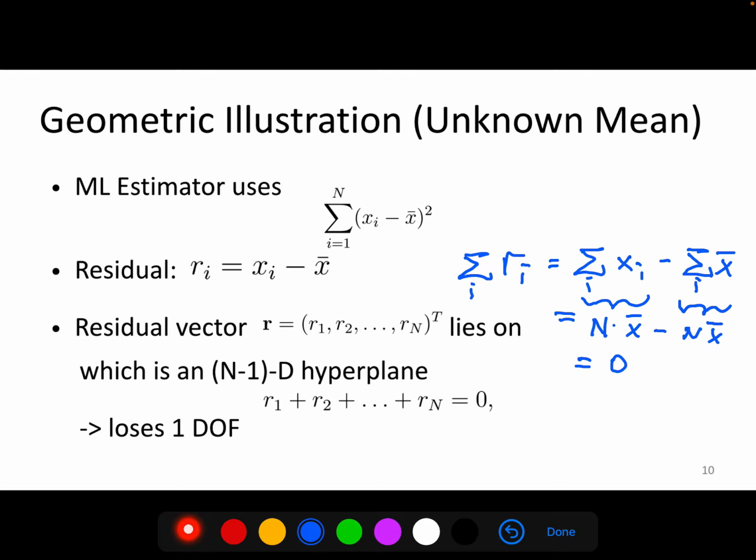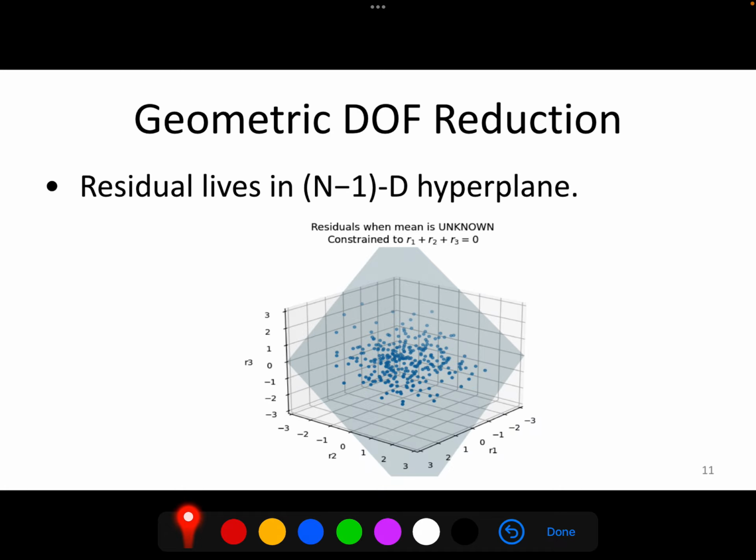This constraint forces the residual vector to an n-1 dimensional subspace. That's how the residual vector loses 1 degree of freedom. In 3D space, this subspace is a plane, the plane where the residual components sum to 0.